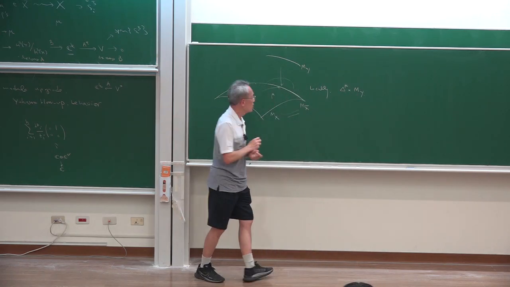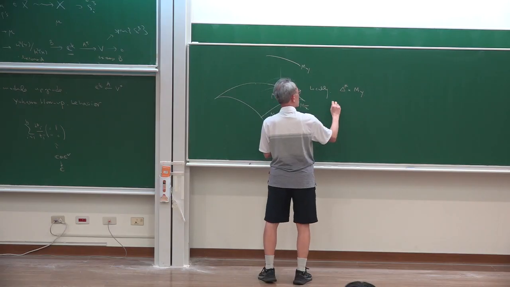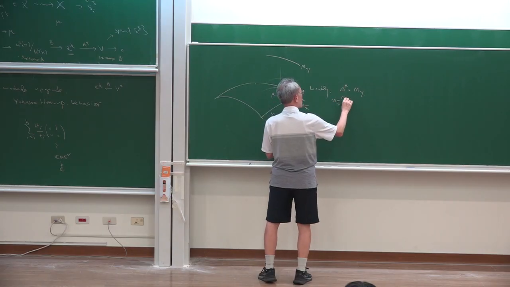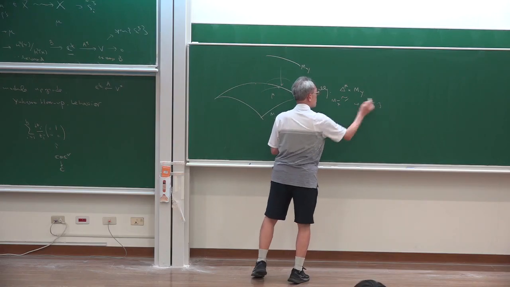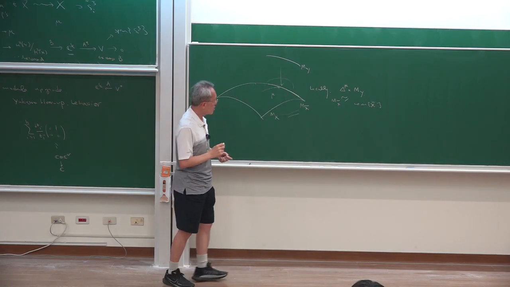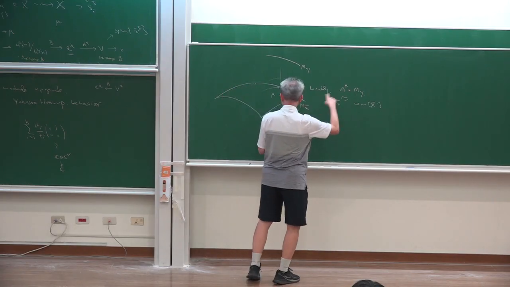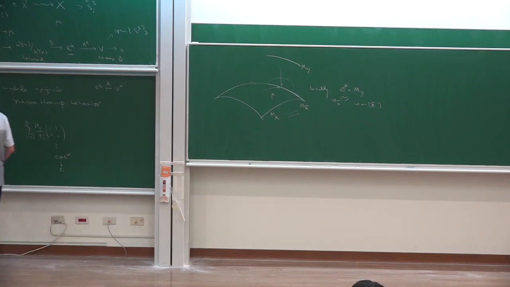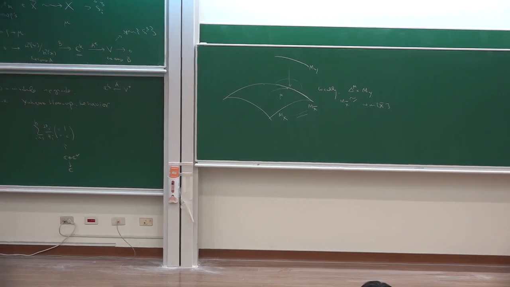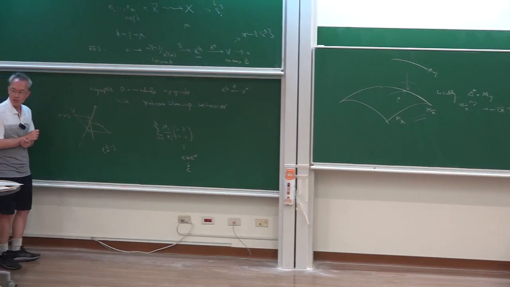That's the moduli near S bar. And so you see, in this example, this is a two-dimensional disk. But you have k ordinary double points.